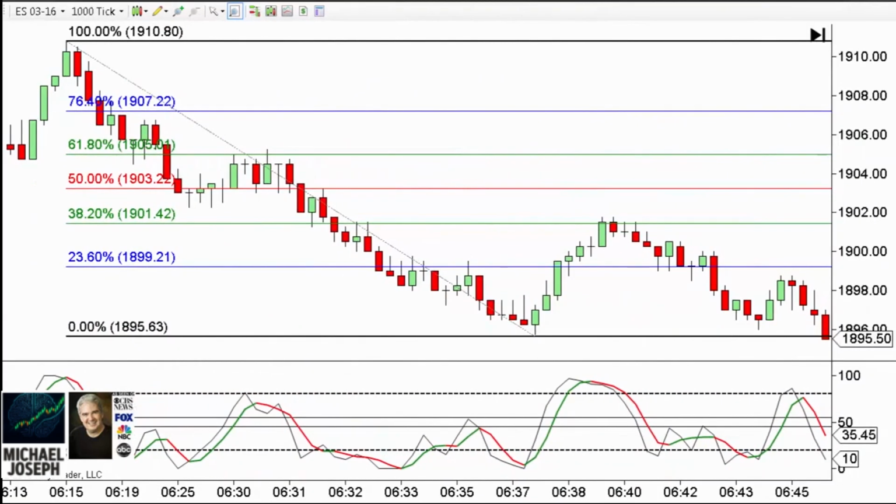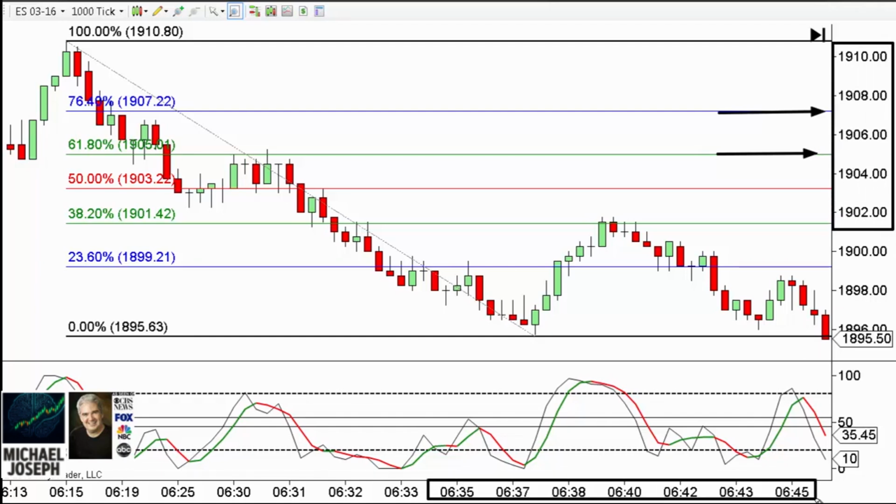Now I've added the cycle indicator to the bottom of the chart, and this makes all the difference in the world. As I said, Fibonacci levels, as well as some other levels like pivots, give us price levels where we would look for potential highs and lows on the market. The other thing is that a chart is a two-dimensional object. We have price on the y-axis, and on the x-axis we have time.